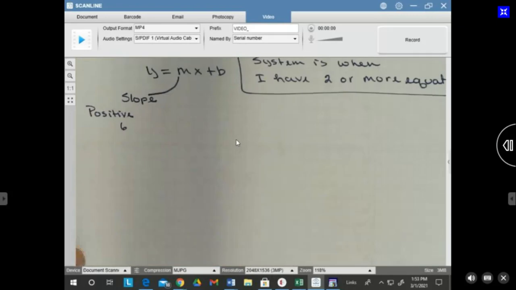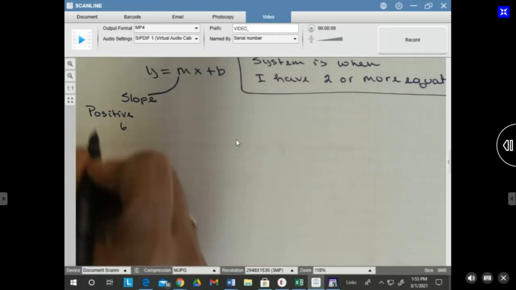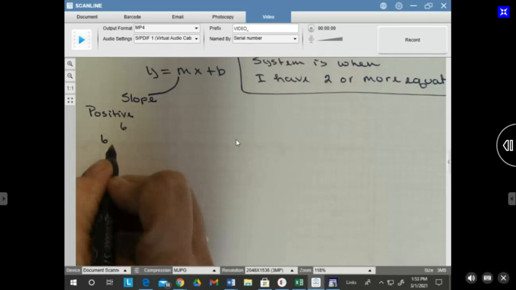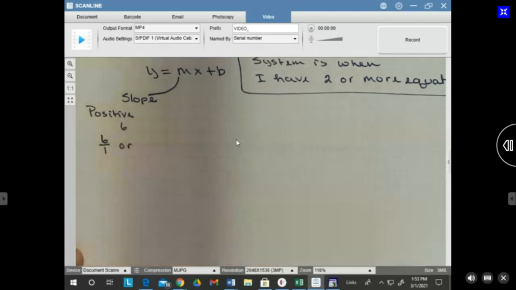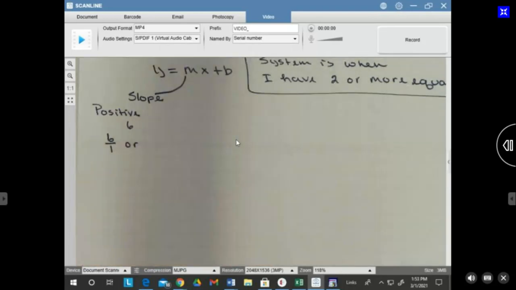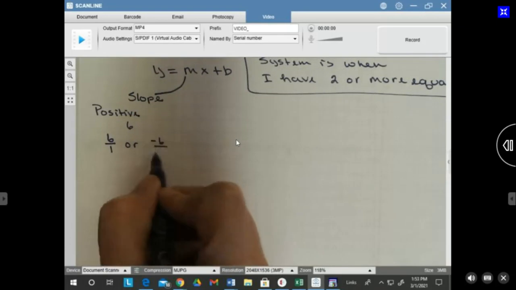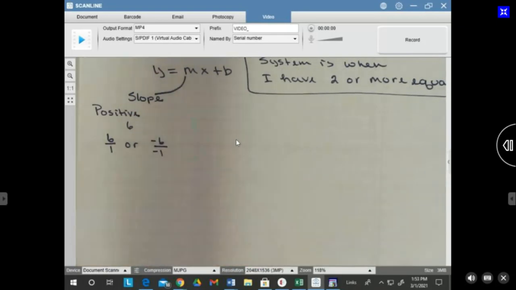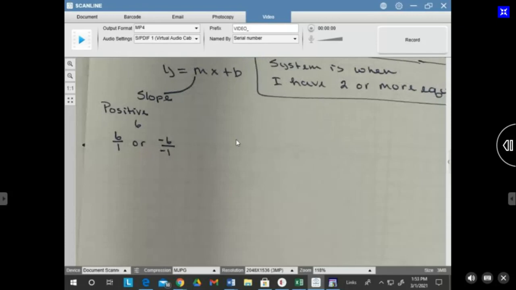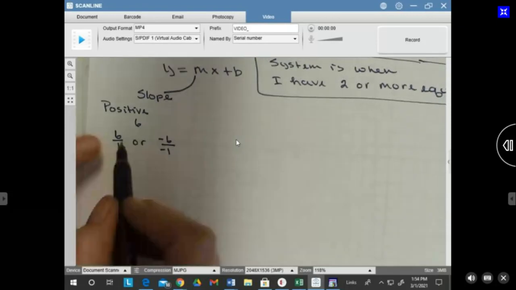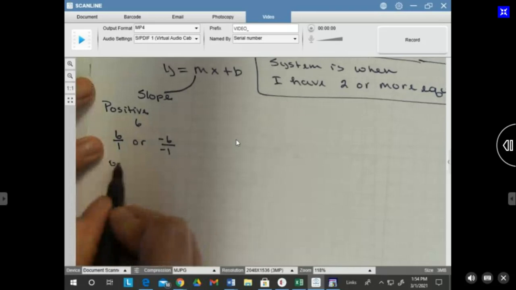So rise over run is either 6 over 1, or how else could I make a fraction that would be a positive 6? Negative 6 over negative 6? If they're both negative, it's still a positive if I'm dividing, right? So if I have 6 over 1, up 6, right 1.